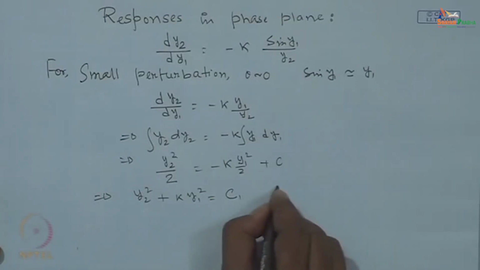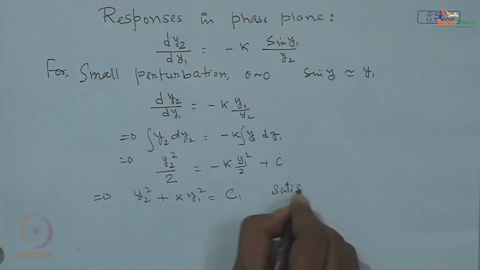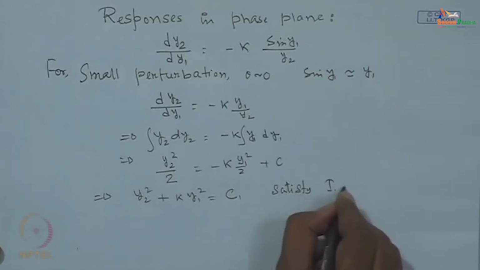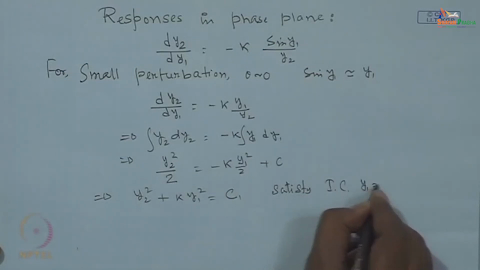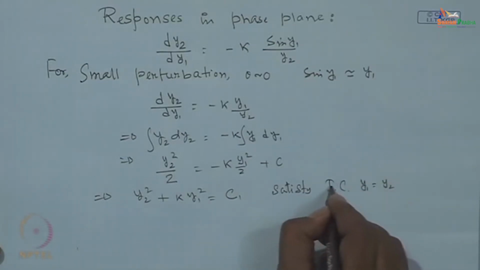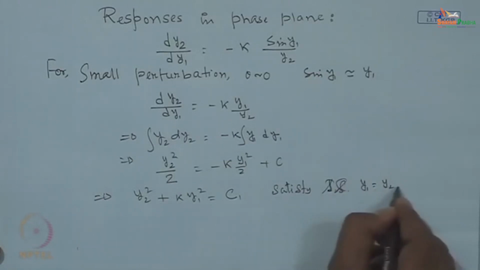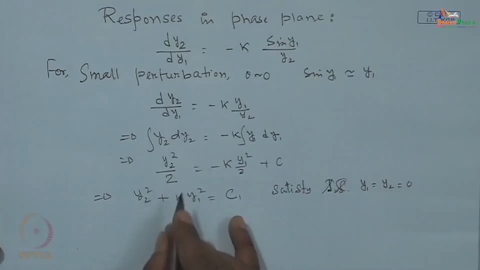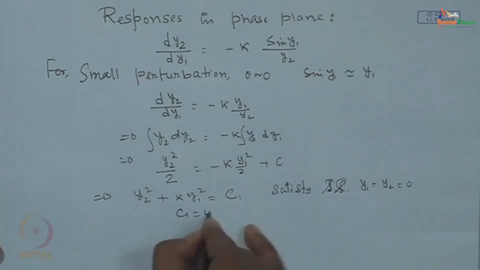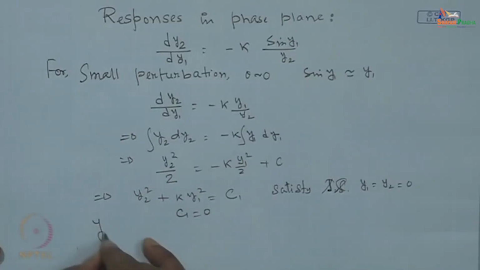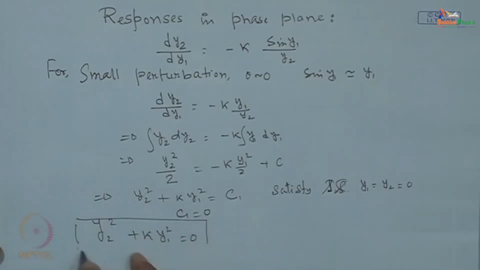This should satisfy the initial condition, that is, the steady state y1 equal to y2 equal to 0. If you do that, then the constant turns out to be 0. So, y2 square plus k y1 square will be equal to 0. That will be the governing equation in the phase plane plot.